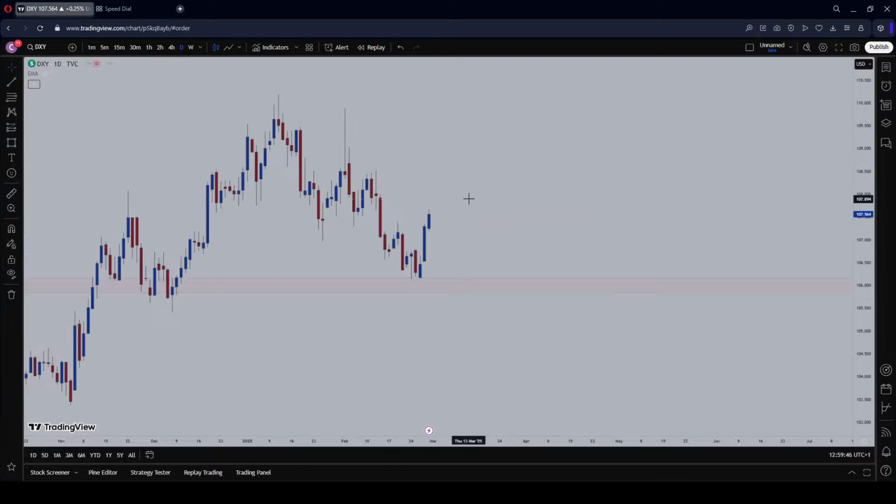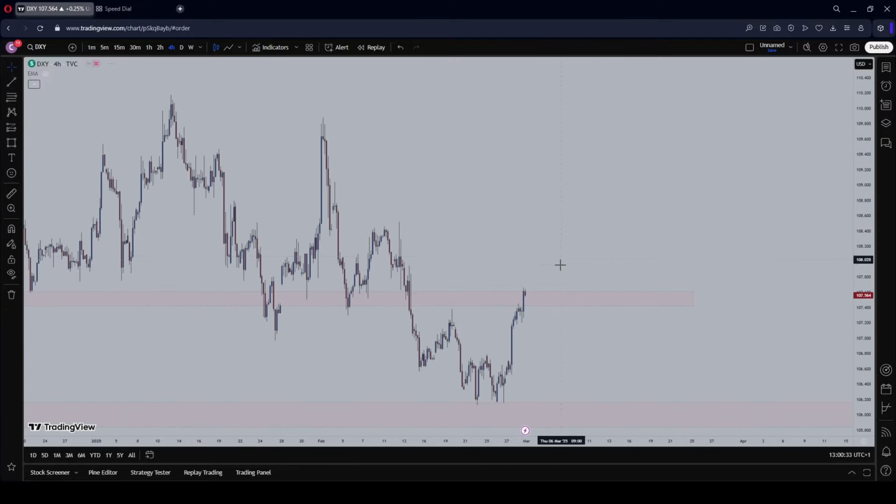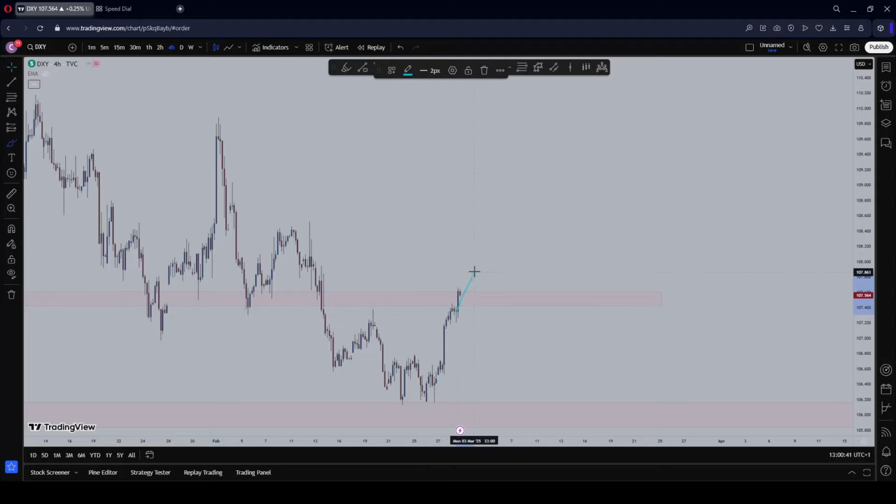So on the DXY, what we can see is that price is at a strong resistance, daily resistance. What it means is that if price breaks out of here, we can expect buying momentum to proceed here.